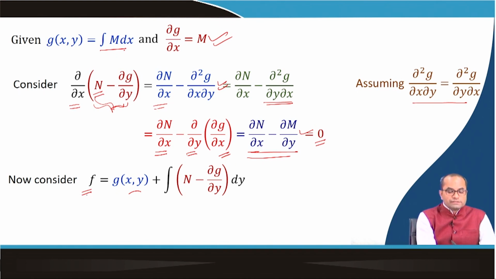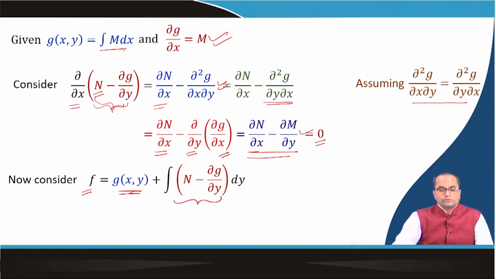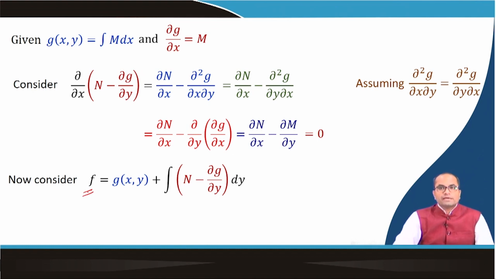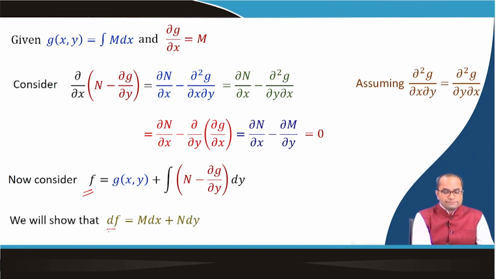We consider the function f as g(x, y) plus the integral of N minus del g over del y with respect to y, and we claim that this is the desired function, the function we are looking for, whose differential will give us exactly M dx plus N dy. That is to be shown now. So we will show that df is equal to M dx plus N dy.